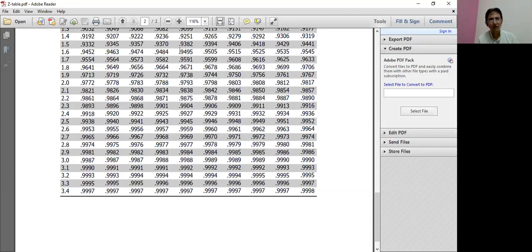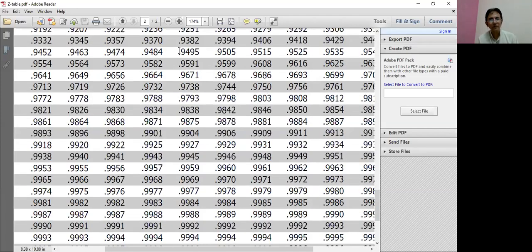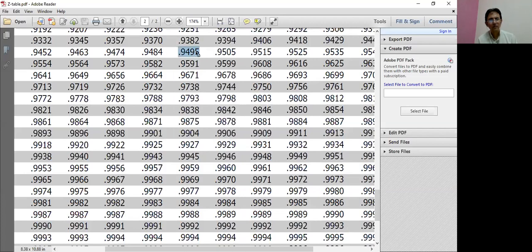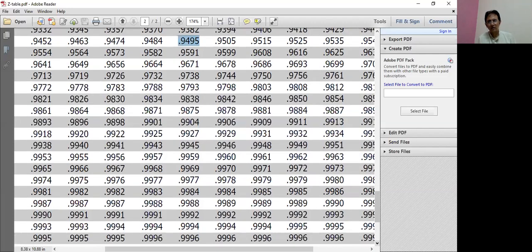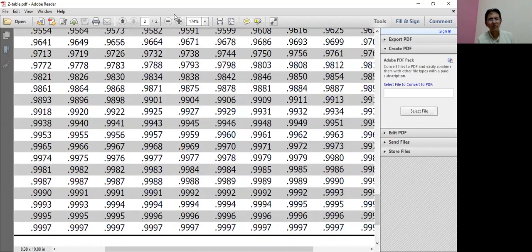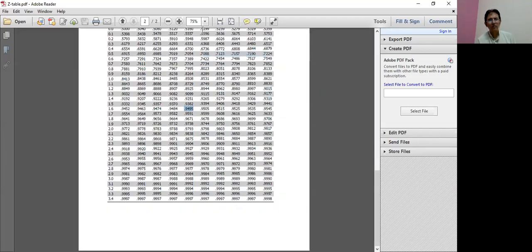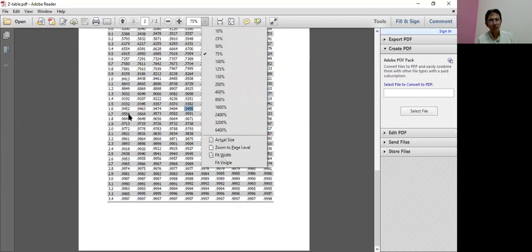So this will be 1.64 from the z table. You check here.